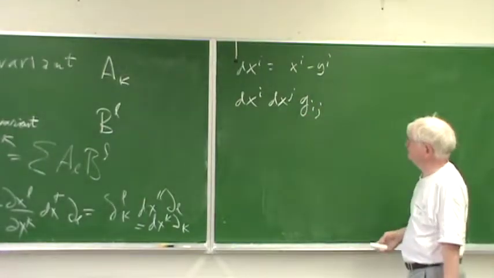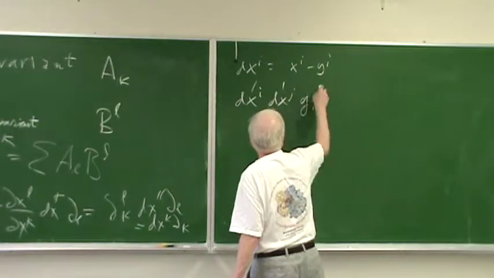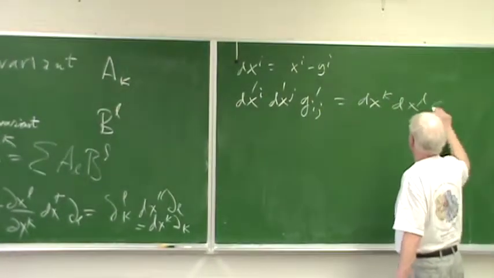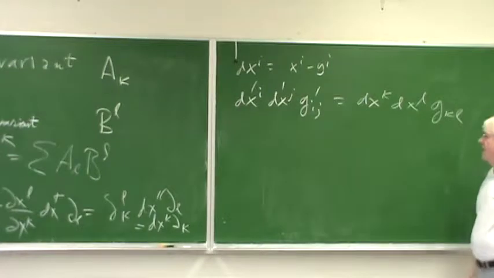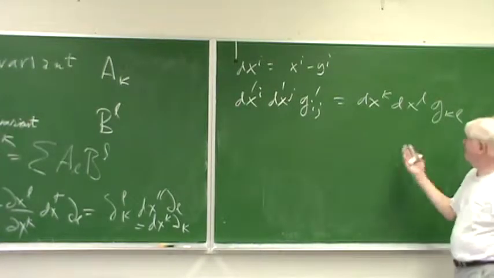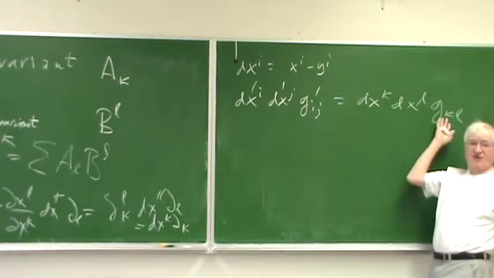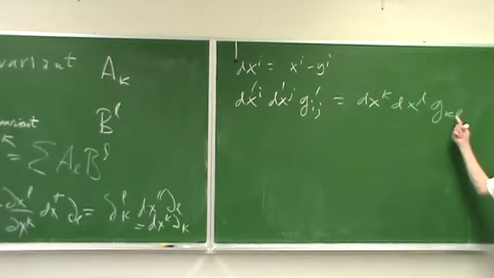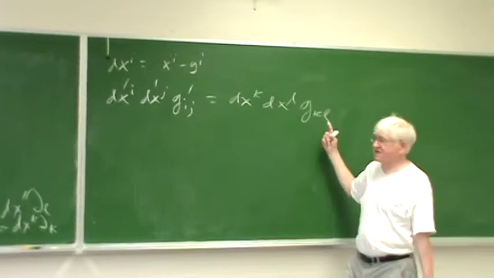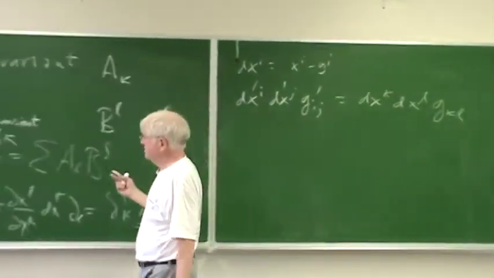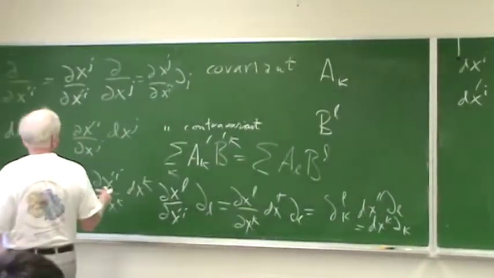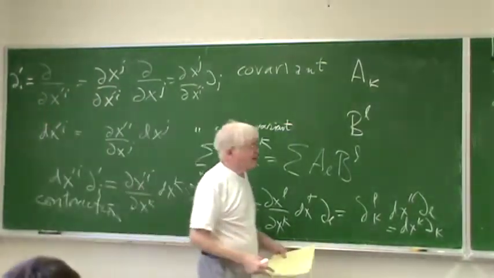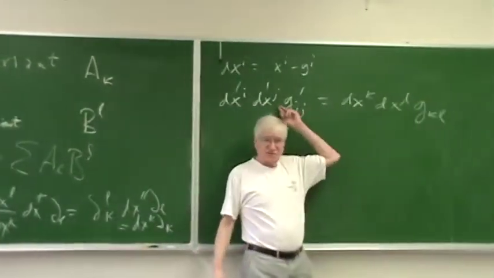And so that, in other words, is equal to dxk, dxl, gkl. And indeed, if g just transforms as indicated by these two lower indices, that is to say, if g is just a tensor that is doubly covariant, then this is a double contraction and this will be invariant.